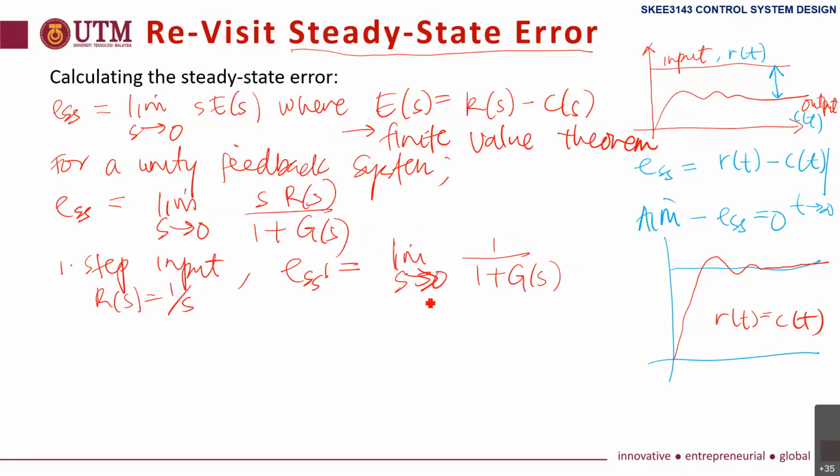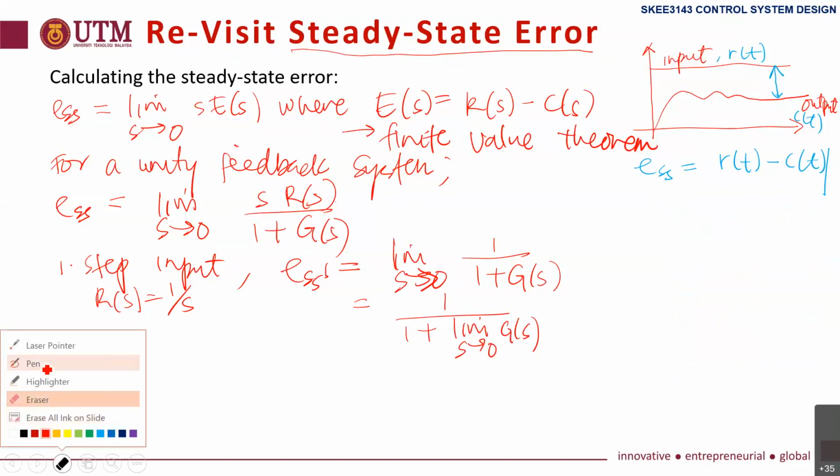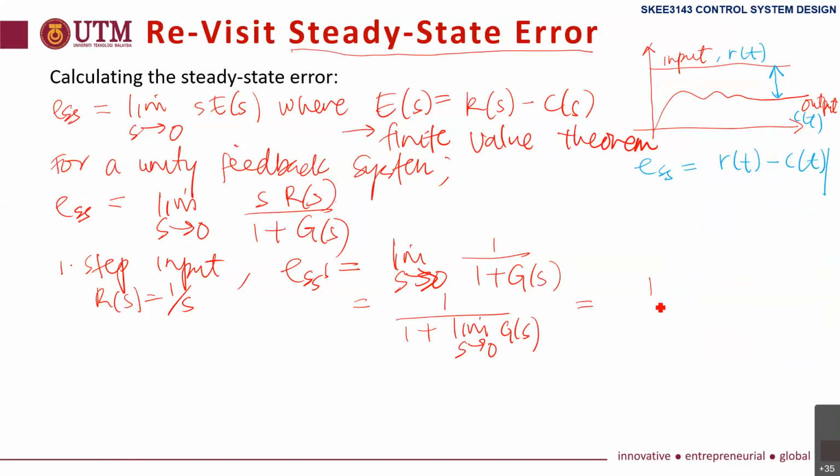I can put limit at the bottom associated with G(s), because the other one is 1. This is equal to 1 over 1 plus Kp.